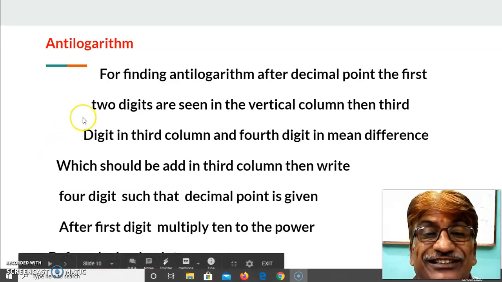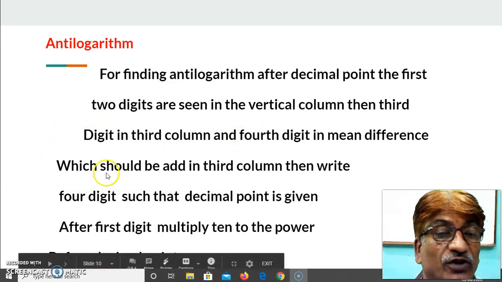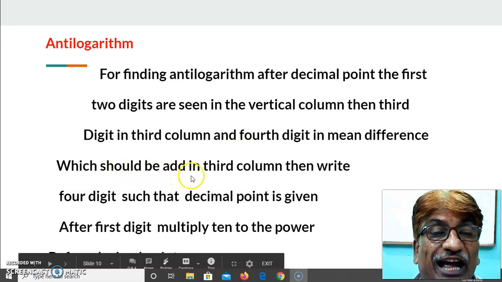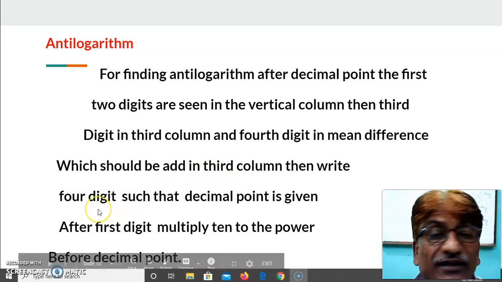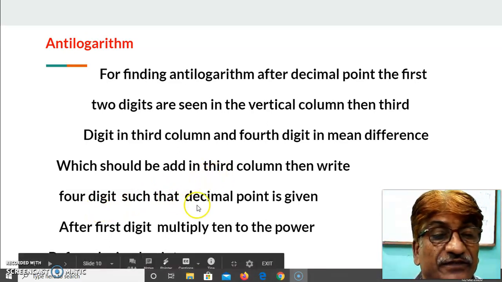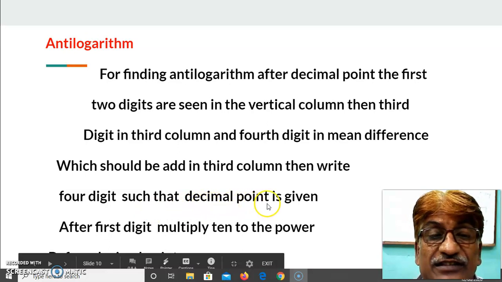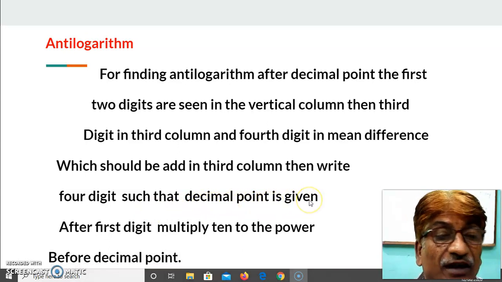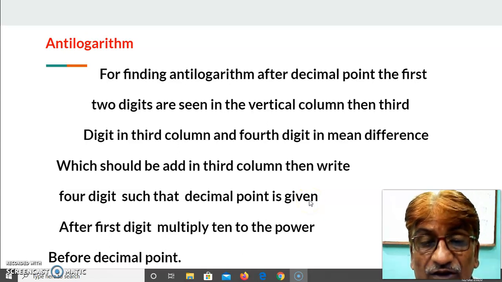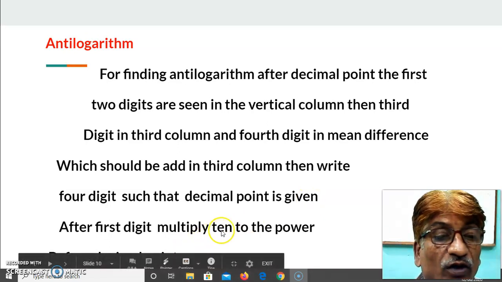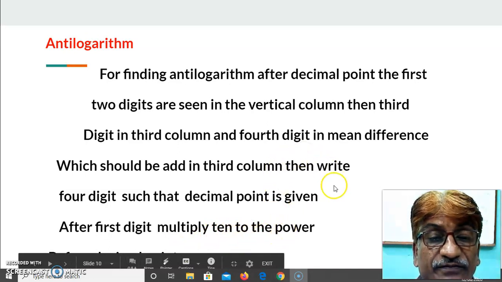And the fourth digit is in the mean difference, which should be added in the column. Then write 4 digits such that the decimal point is given after the first digit. Multiply 10 to the power before the decimal point.